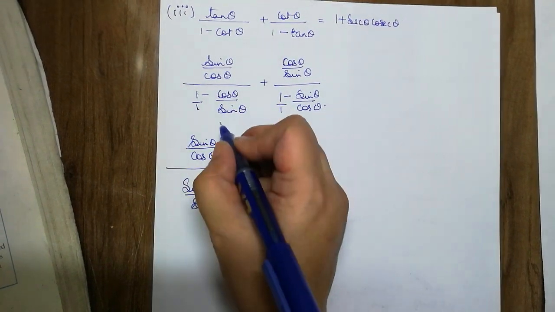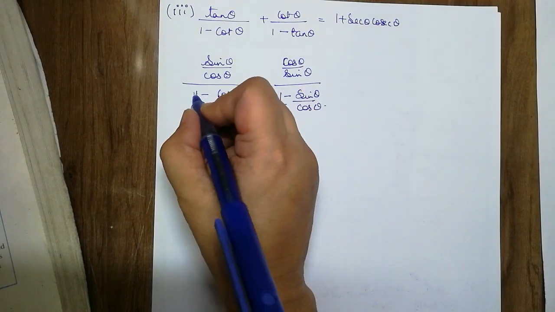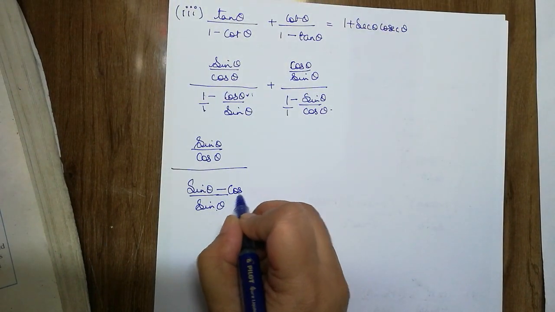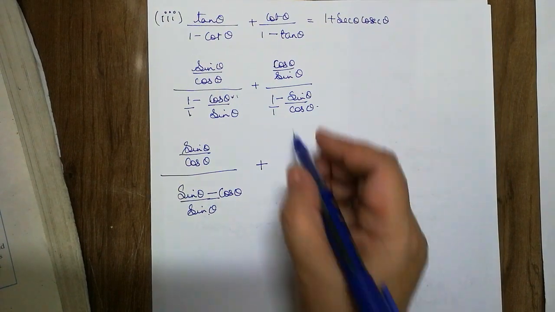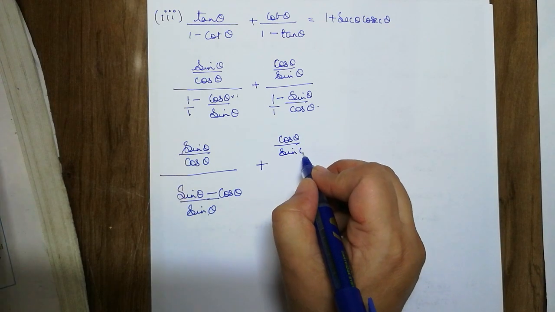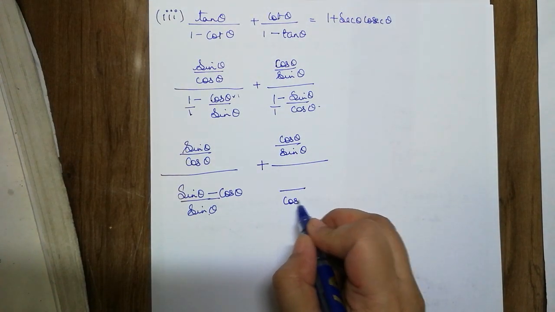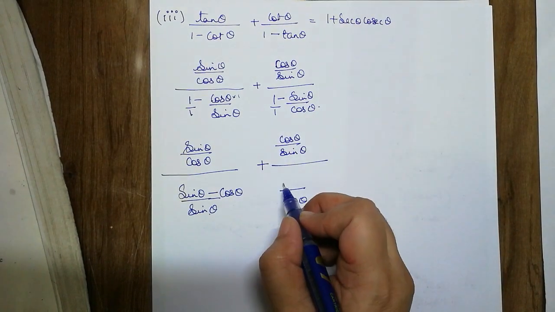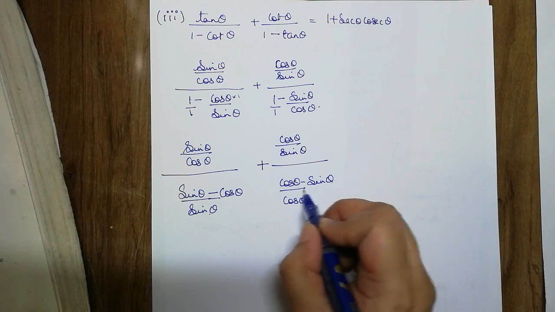So here minus, this is into 1, this is into sine theta, it will be cos theta. This plus sign bring down as it is, cos theta by sine theta. Again here the LCM is cos theta, you multiply this, it will be cos theta minus sine theta.